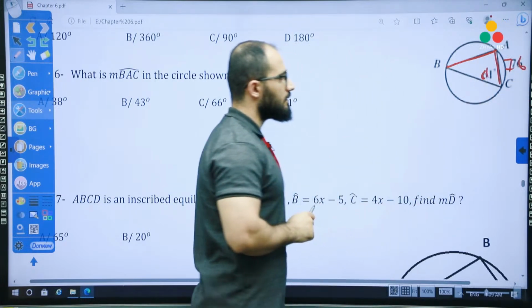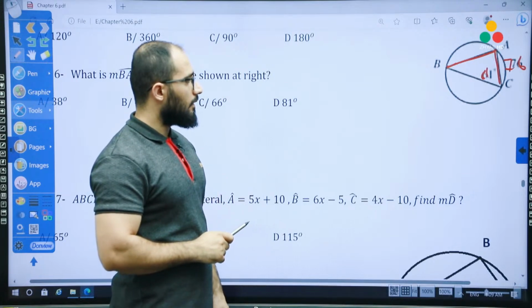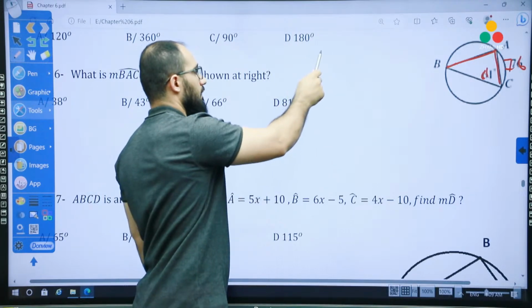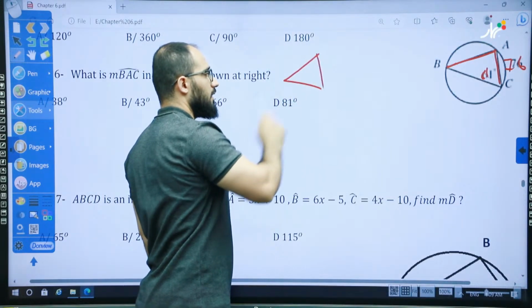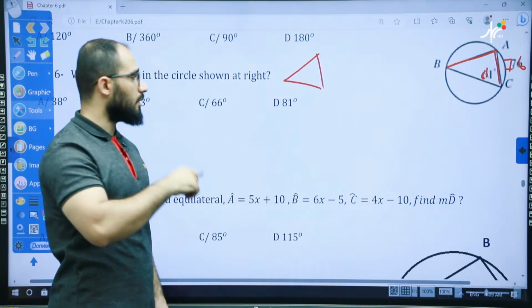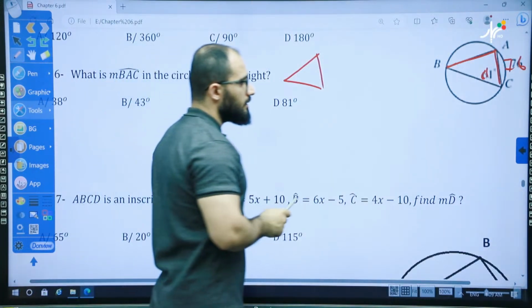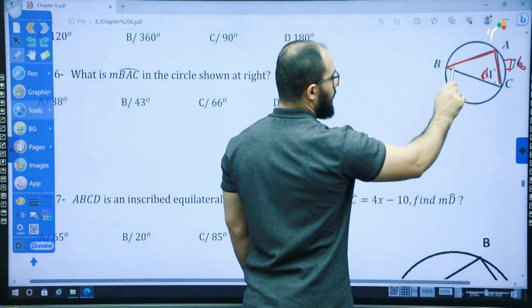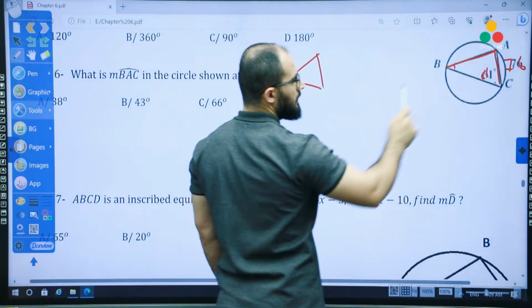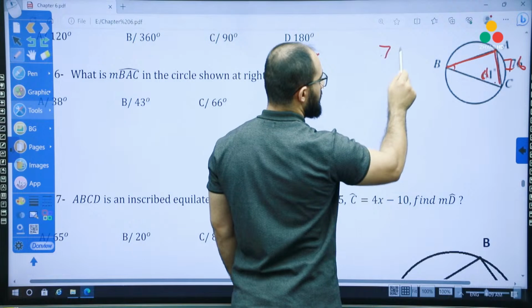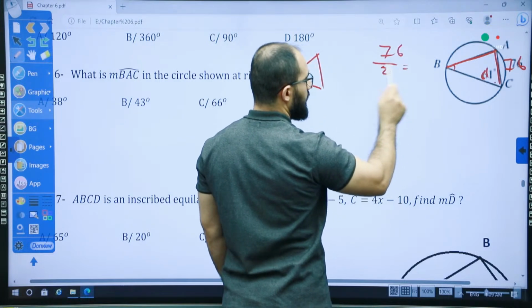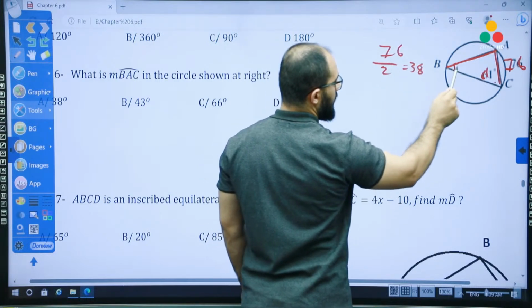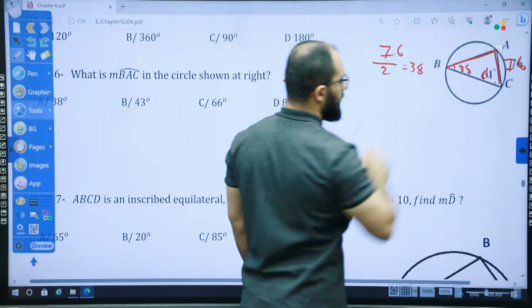Then we have to find BAC. First, if you remember, if you have a triangle, the sum of interior angles is 180. Right now, we have angle C is 61. We can find angle B by using the arc 76 divided by 2, which is 38. So the measure of this angle is 38.